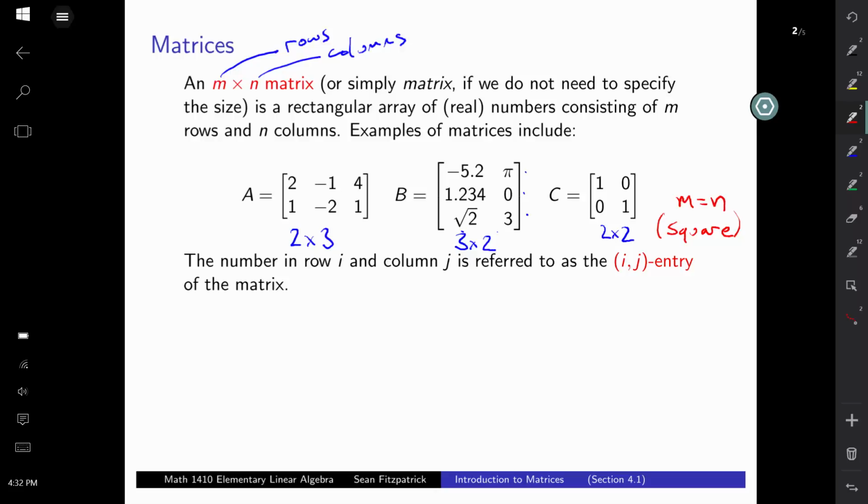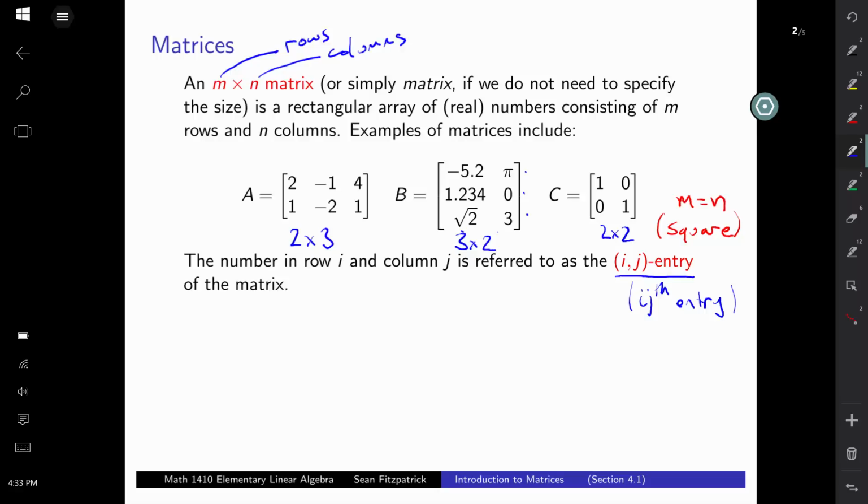So if we want to refer to the particular entries of a matrix, we can talk about the ij entry. Okay, I'll use this notation. You'll also sometimes see this referred to as the ijth entry. That's another term you might hear. It's sort of a mouthful, I think, ijth entry or ij entry. In any case, we're referring to the particular row and the particular column, right?